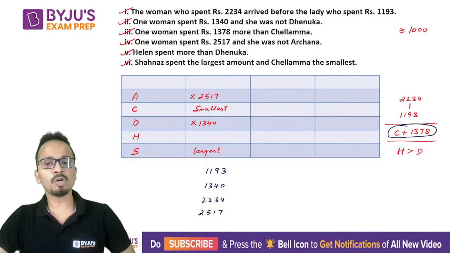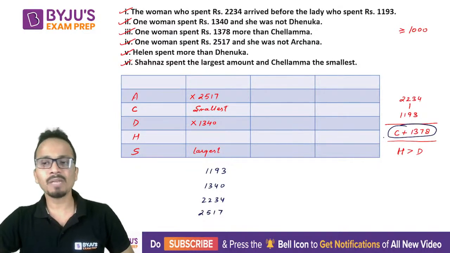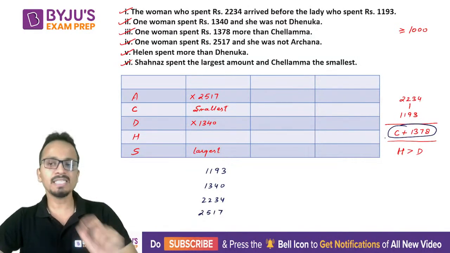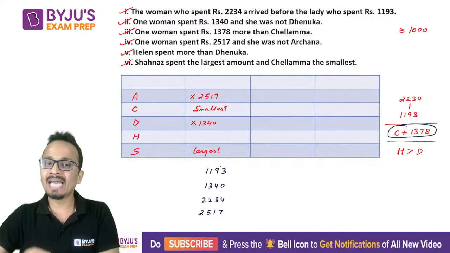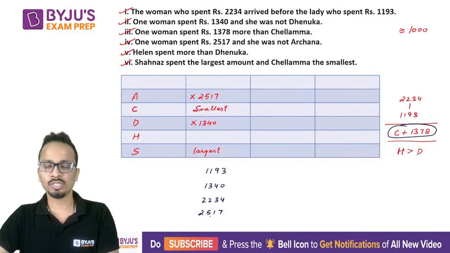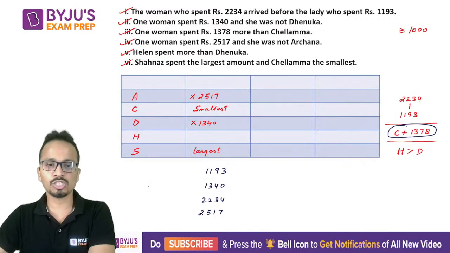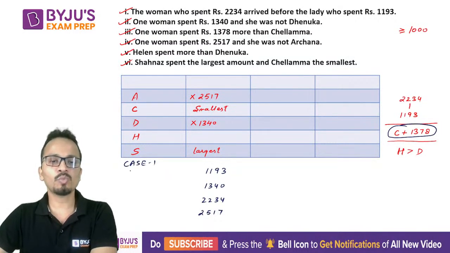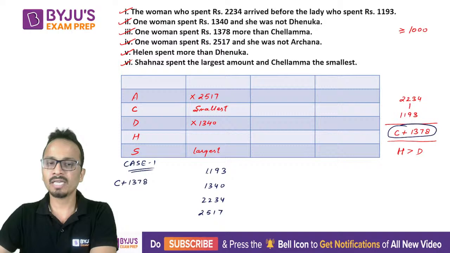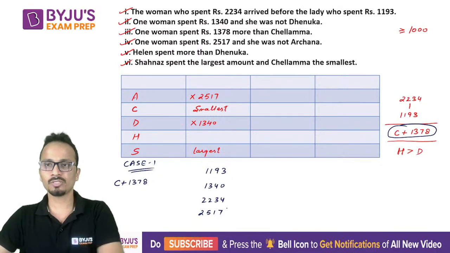Okay. The other possibility is C plus 1378 can be one of these four values. So let's take this case to start with. So case one, I'm taking if C plus 1378 is one among these values.